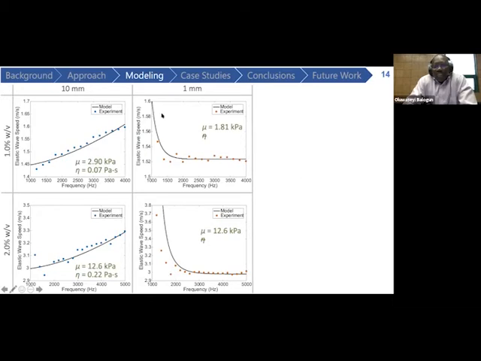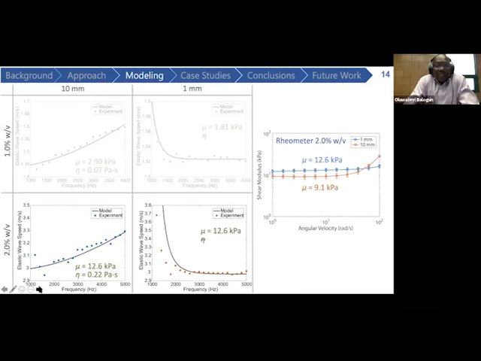We can't necessarily say these measurements are accurate, so we need to validate them against the standard. And so what we did was to use rheometry measurements. In the rheometer, we're able to record both the shear modulus and the complex viscosity. One distinction between these two measurement techniques is the different time scales. In our measurements, our actuators operate between 1 kilohertz and 4 kilohertz.